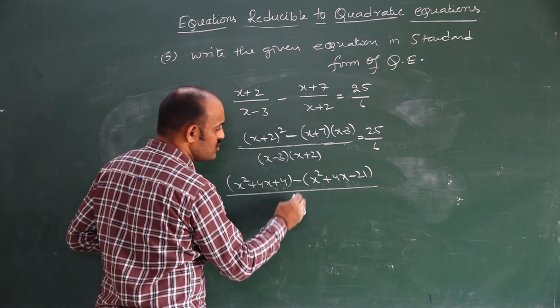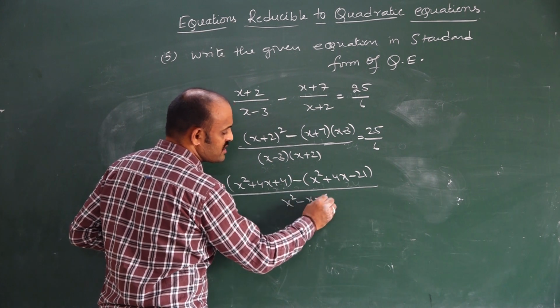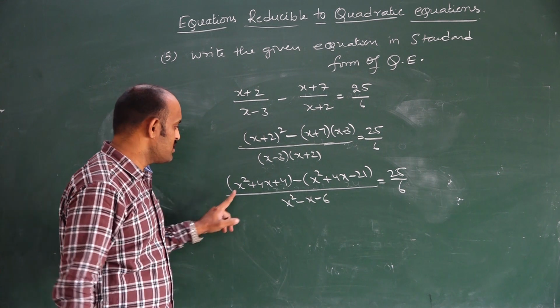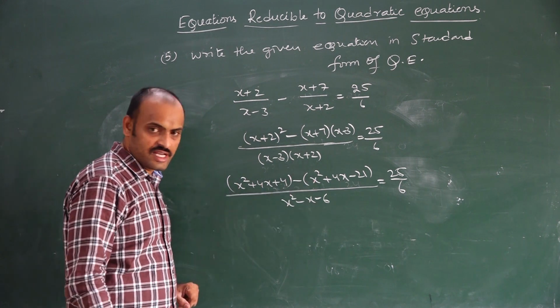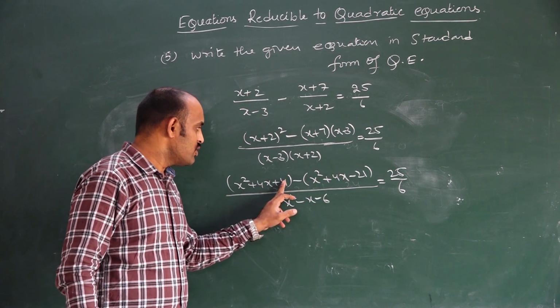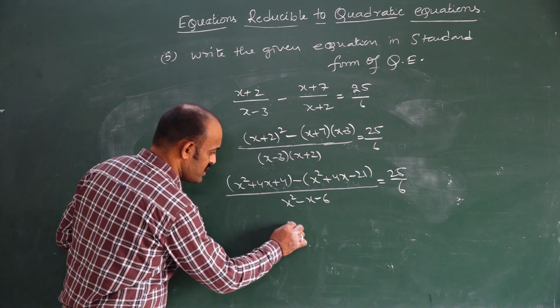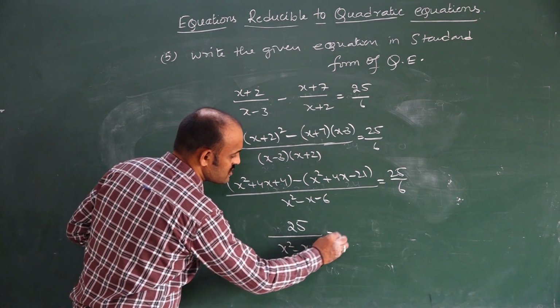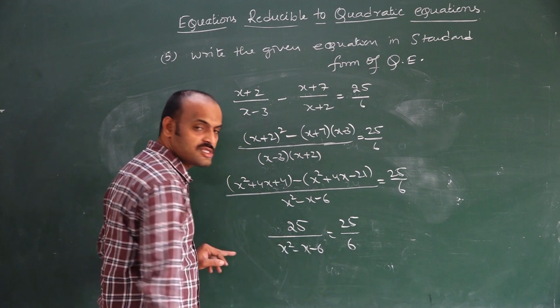If I multiply these two, x square minus x minus 6 is equal to 25 by 6. If you observe, x square minus x square gets cancelled. Plus 4x minus 4x gets cancelled. 4 minus of minus 21, 25 by x square minus x minus 6 is equal to 25 by 6.